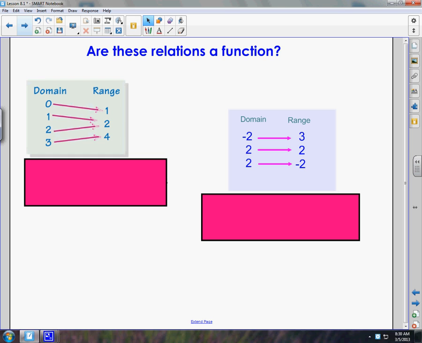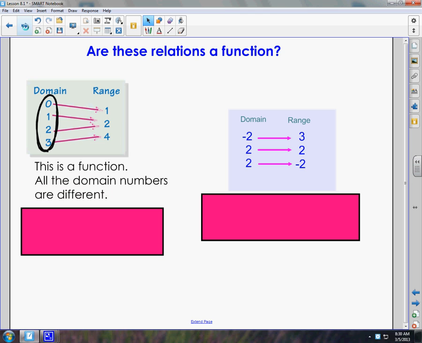So are these relations a function? So look at this first one. 0 goes to 1, 1 goes to 2, 2 goes to 2, and 3 goes to 4. Okay, we're only worried about the domain. Are there two of the same domain? No, there are different domains. So this is a function. All the domain numbers are different.